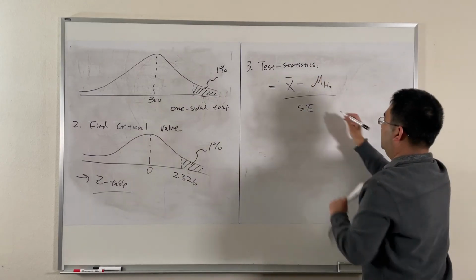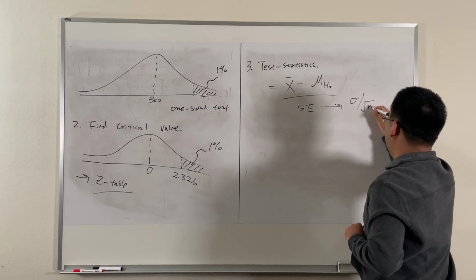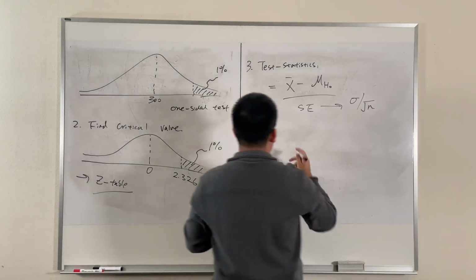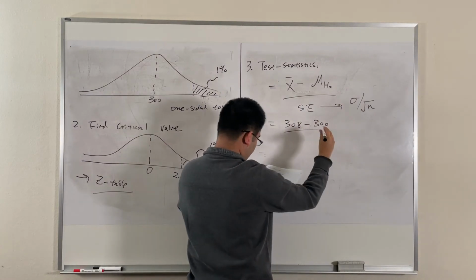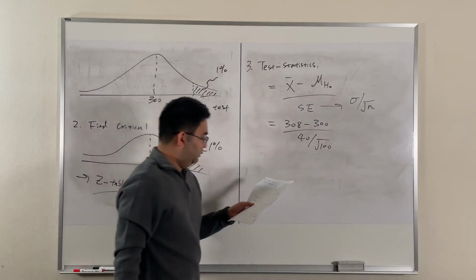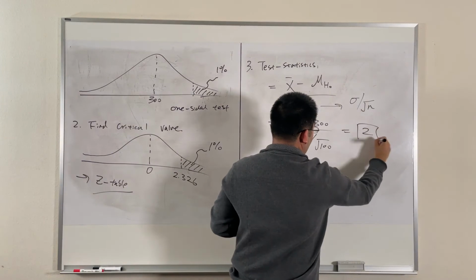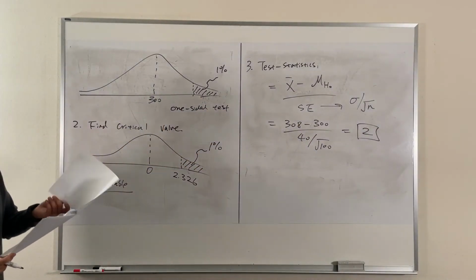And remember the standard error, the formula is population standard deviation divided by square root of sample size. That's going to give 308 minus 300 divided by 40 divided by square root of 100. And after some calculation, this will give us 2. So 2 is our test statistics.